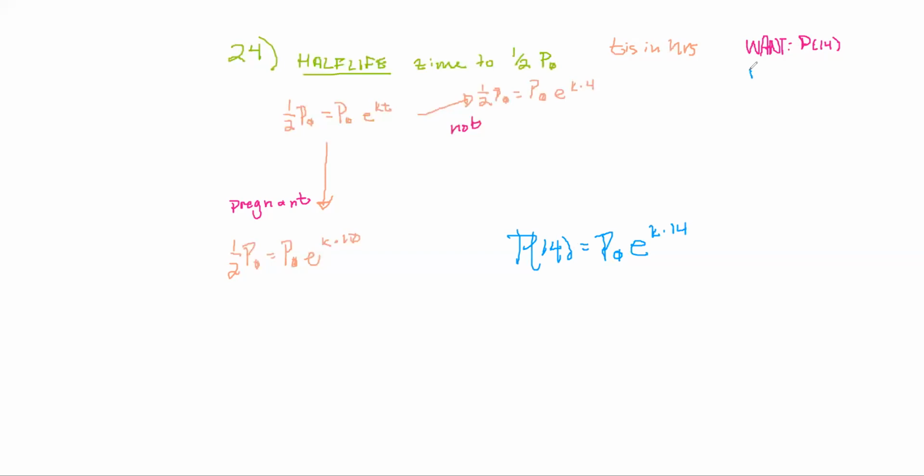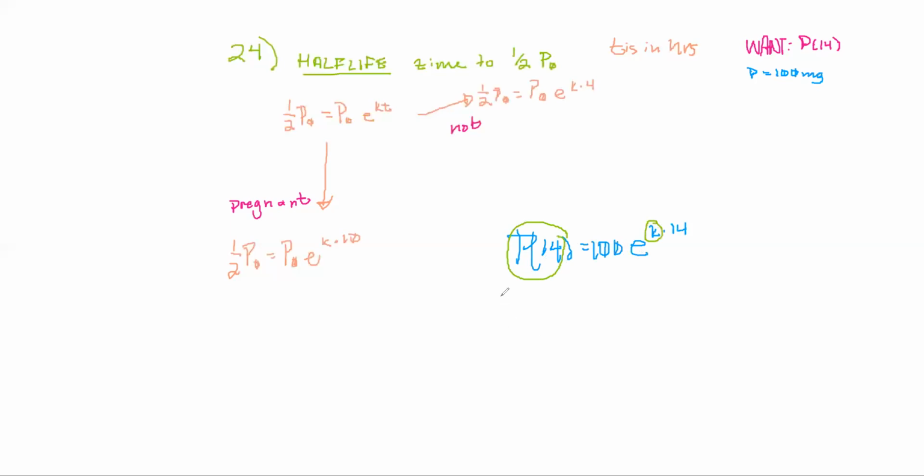I'm given that p naught is equal to 100 milligrams, so I'm going to erase that p naught and put 100. What's the issue here? The issue is that we have two unknowns. We have an unknown here and an unknown here.